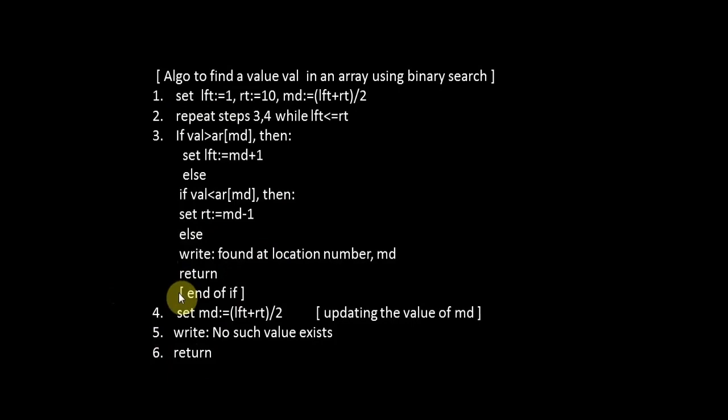The control will come to step number 5 or 6 only when this condition, while LFT is less than or equal to RT, is false. This condition being false means we were unsuccessful in finding the value from the array. Only then will control come to step number 5, and the error message of being unsuccessful in the search will be printed, right?